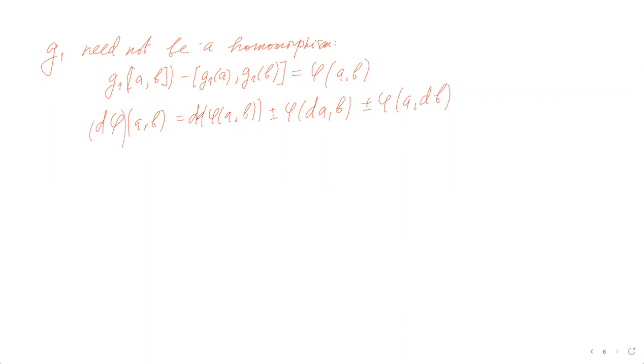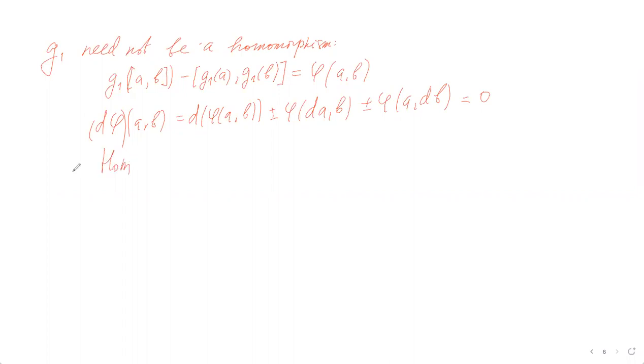So if you now apply G to both parts of this equality, you will see that G1 commutes with differential, and the bracket verifies the Leibniz rule with respect to the differential. So this should vanish. So phi is a closed element in the complex of homomorphisms between the chain complexes.